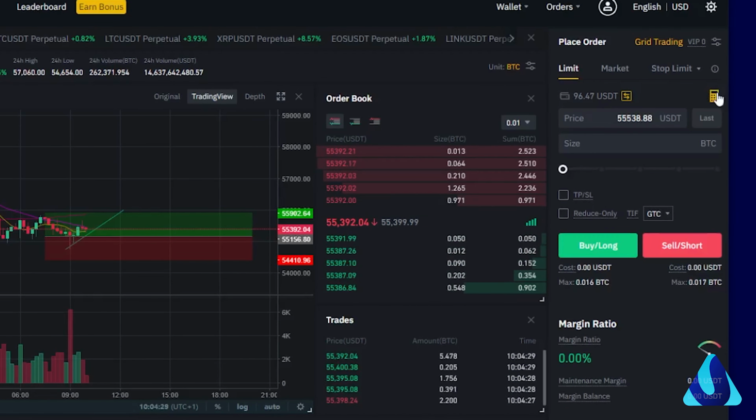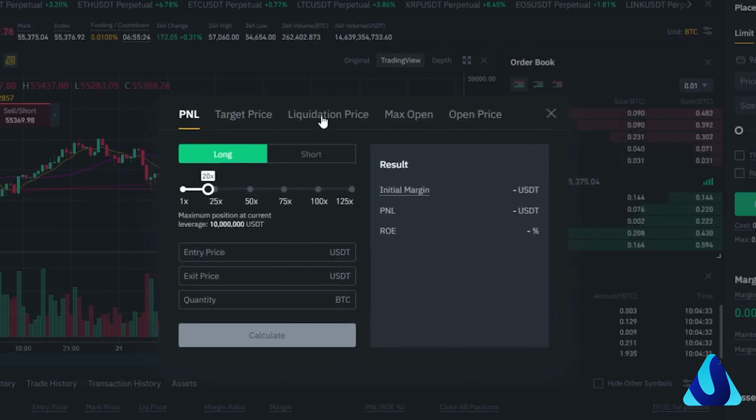Here you have a calculator, which is very powerful for you as a beginner, because you can test different leverage positions and also liquidation prices. As an example, let's say I want to look at 10x leverage on a price of 55,000 and I'm long in the position.